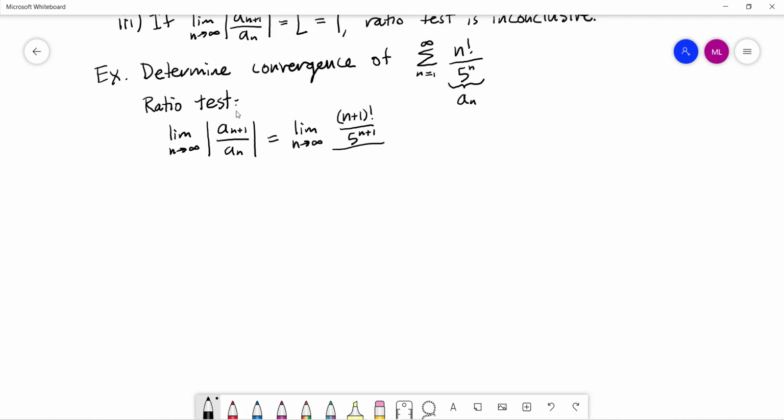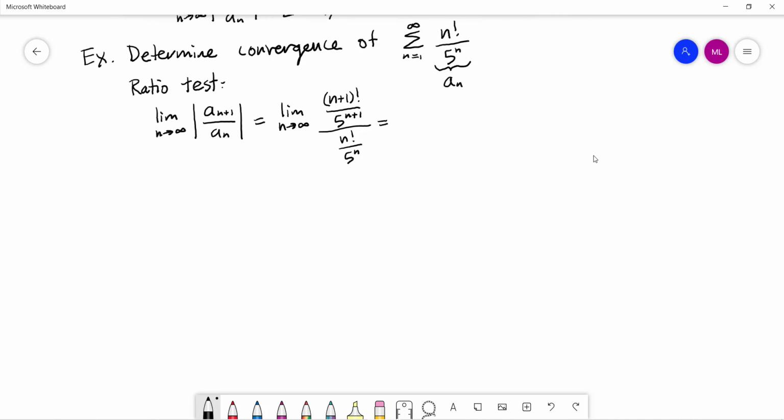And I'm going to do that over a sub n itself, which we have written right there. It's n factorial over 5 to the n. And this tool, the ratio test, is really good when there are terms in your a sub n that involve factorials, and also with exponentials, because we get a lot of nice cancellation here. So I just need to find what this limit is.